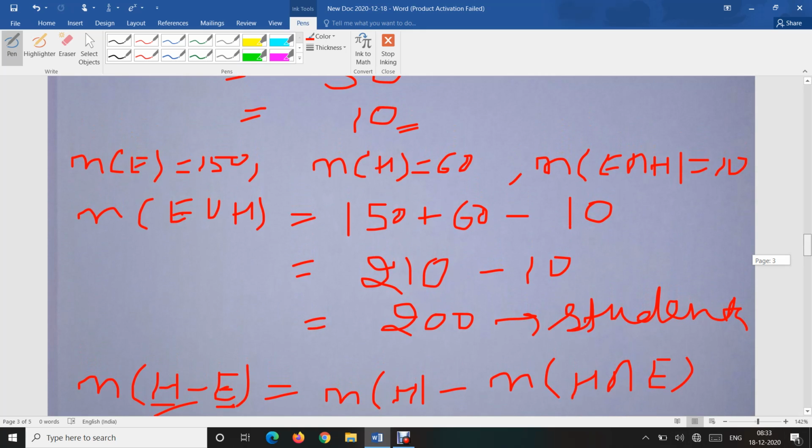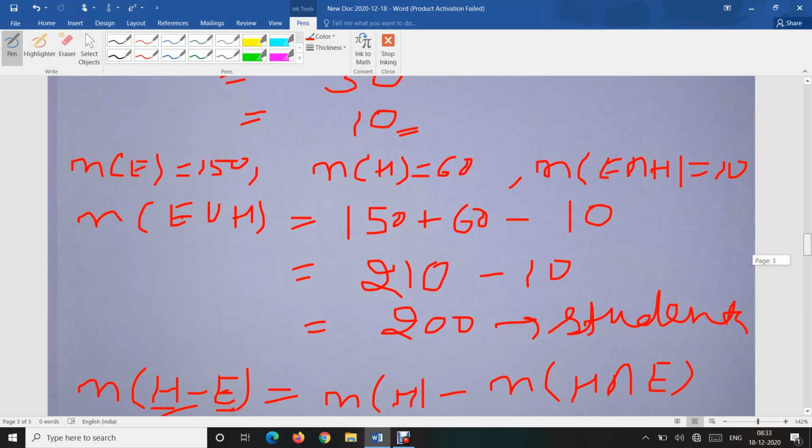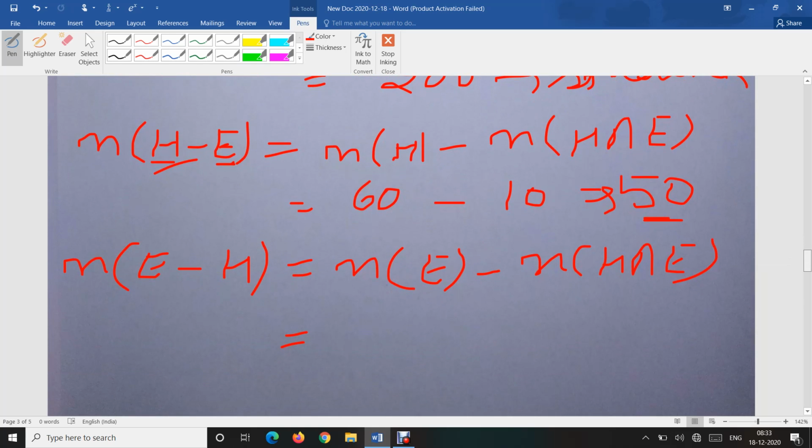It is 150. It is 150 minus 10 and it will be 140. So n of E minus H is equal to 140. That means 140 students know only English.